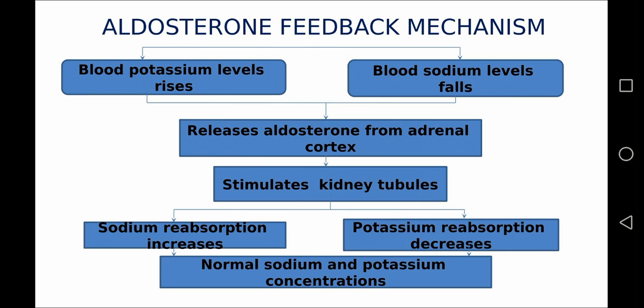This aldosterone stimulates kidney tubules to reabsorb sodium. The potassium reabsorption decreases as sodium reabsorption increases. Thus, the sodium is salvaged while the potassium is excreted. This mechanism helps preserve normal sodium and potassium concentrations in extracellular fluid.